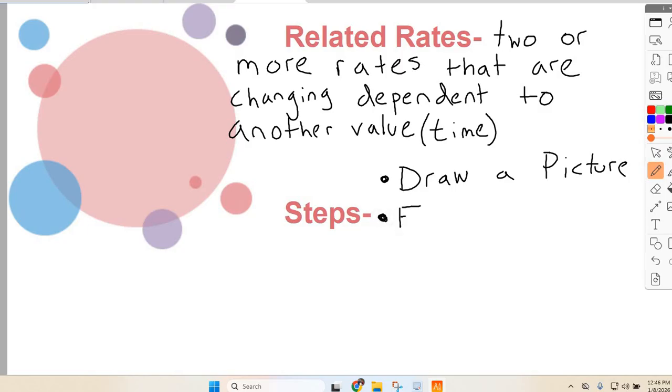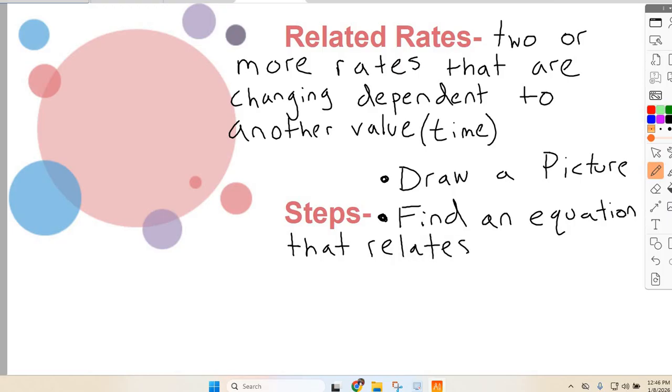Next up, we're going to find an equation that relates the quantities.